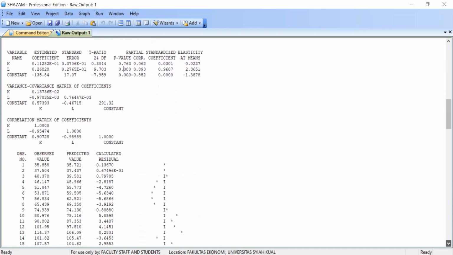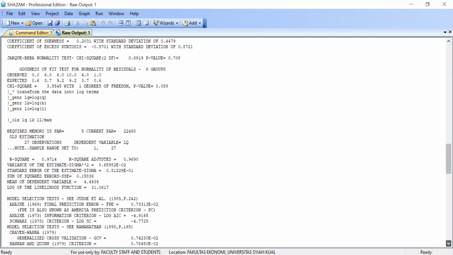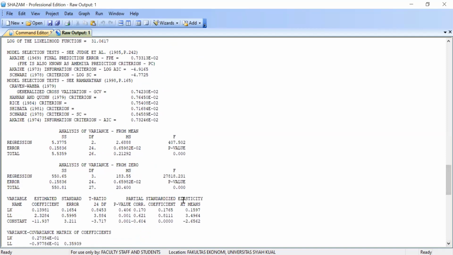Compared to the equation in terms of logarithm, we also get the coefficient of capital is not statistically significantly different from 0. This means after transforming the data into log terms, the estimated result, especially for capital, is not statistically significantly different from 0. But labor is statistically and theoretically significant.